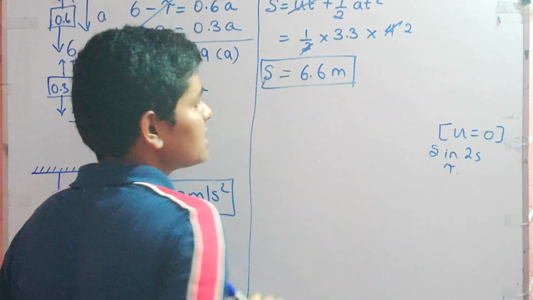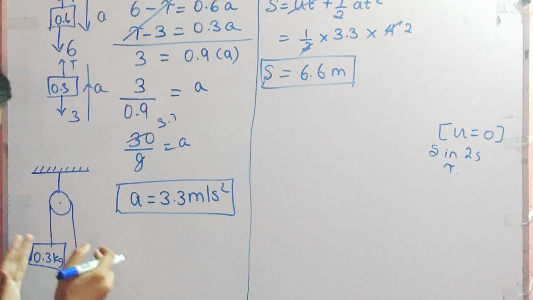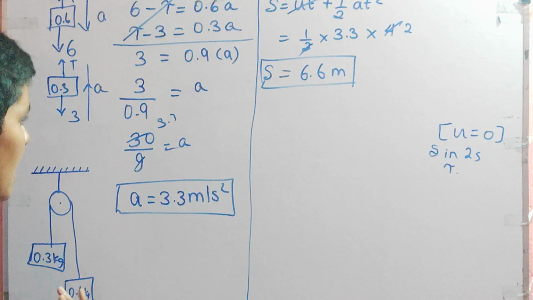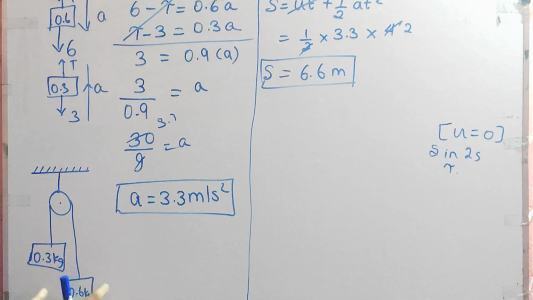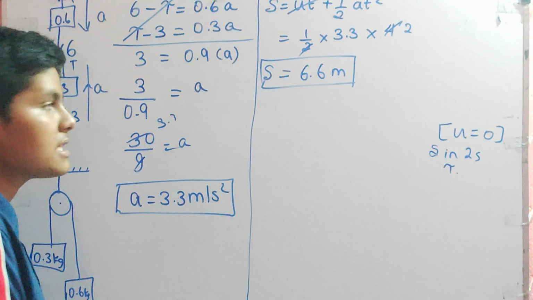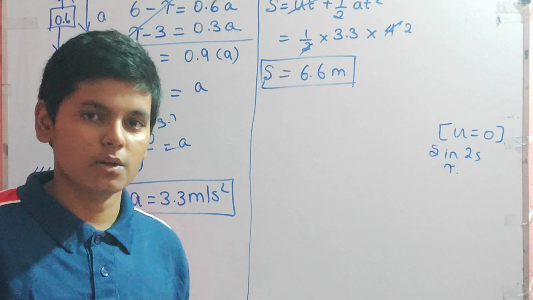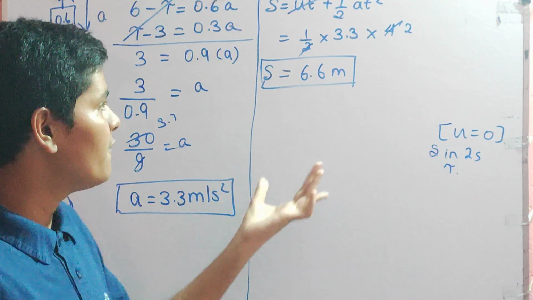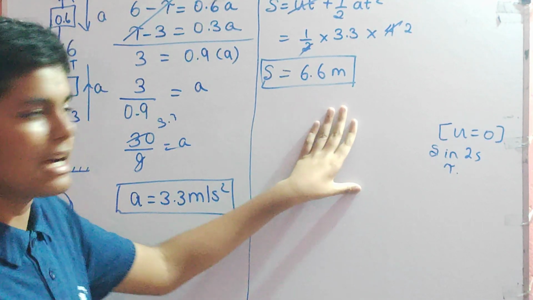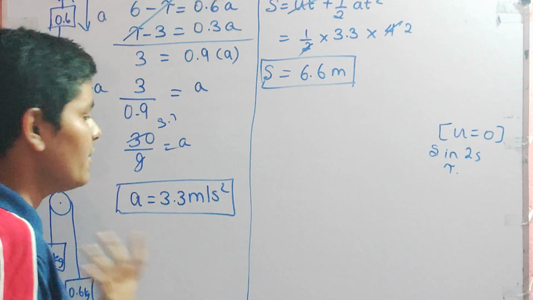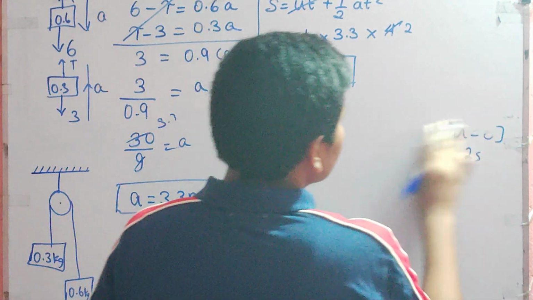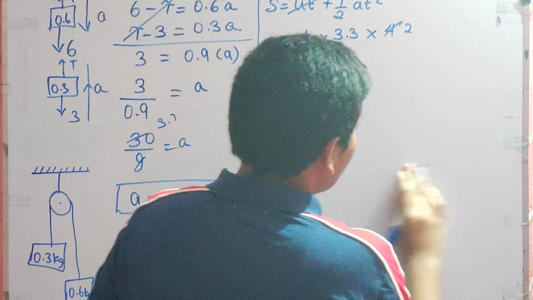This is our answer for question number 1. So if this system is released from rest, then after 2 seconds this 0.6 kg block will move 6.6 meter downward. The actual answer should be about 6.56 if you are taking g equal to 9.8. So we got 6.6 when taking g equal to 10.